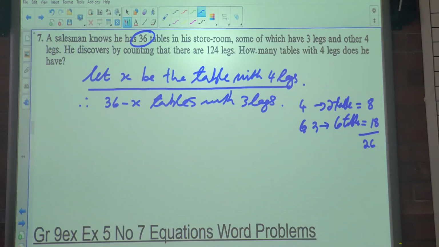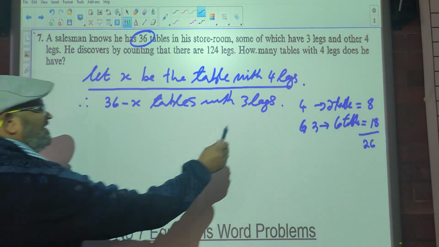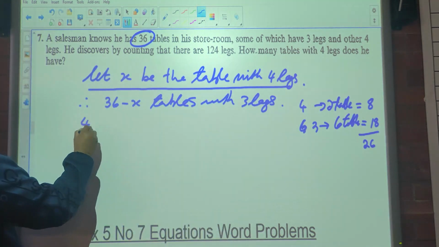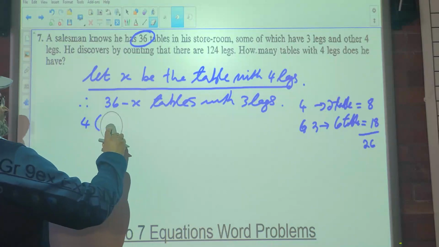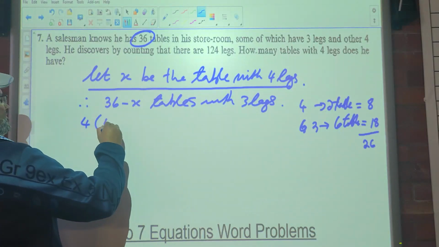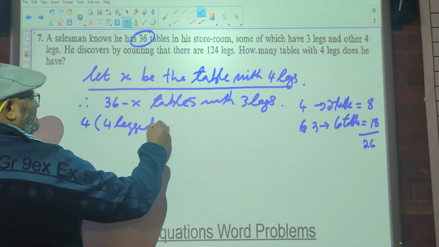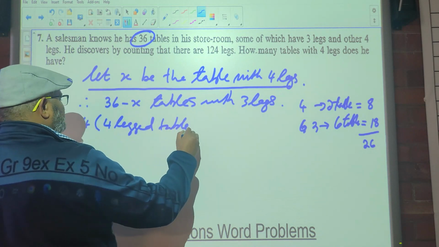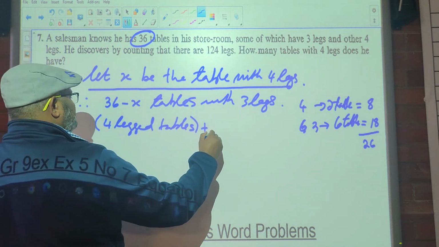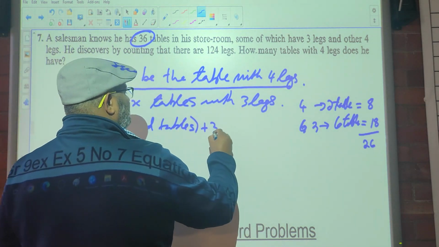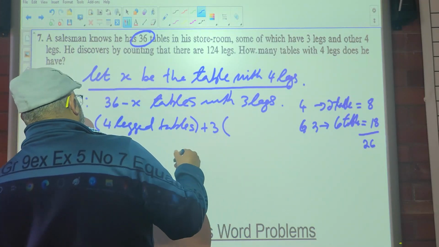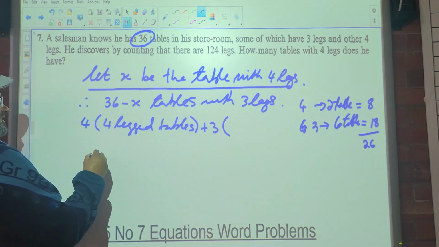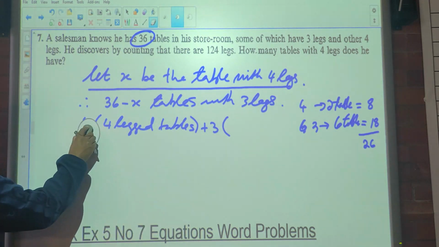So how do we get the number of legs? As I showed you earlier on, we say 4 multiplied by the 4-legged tables plus 3 multiplied by the 3-legged tables.